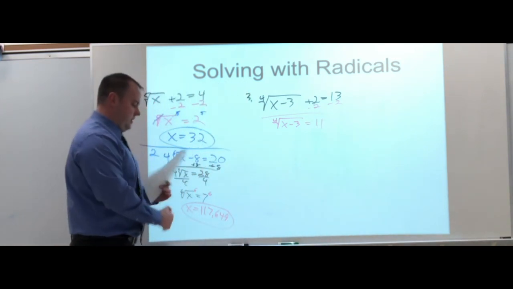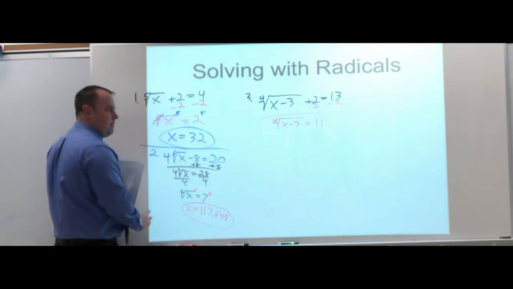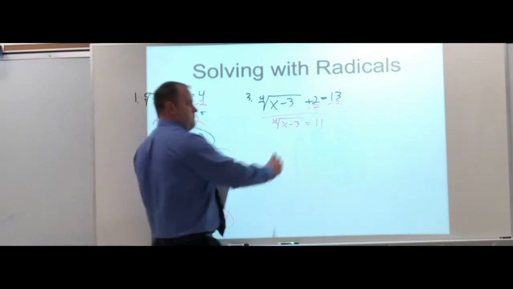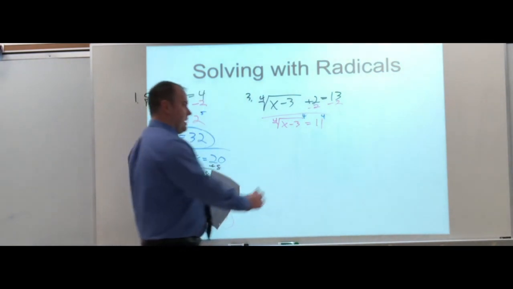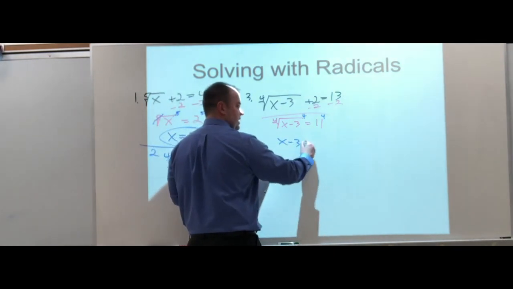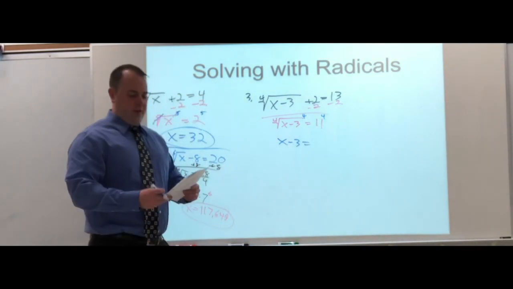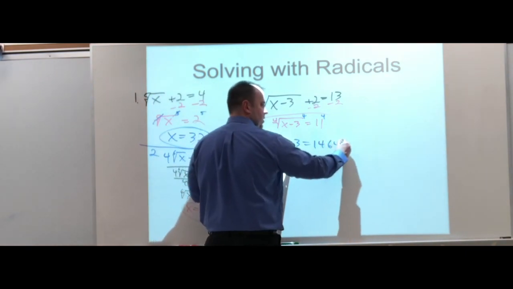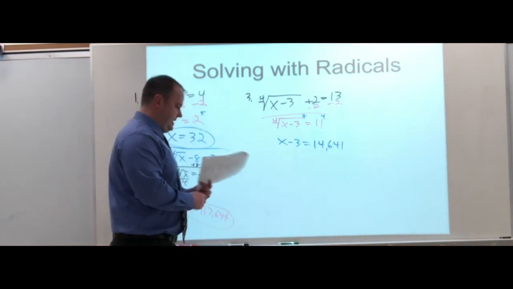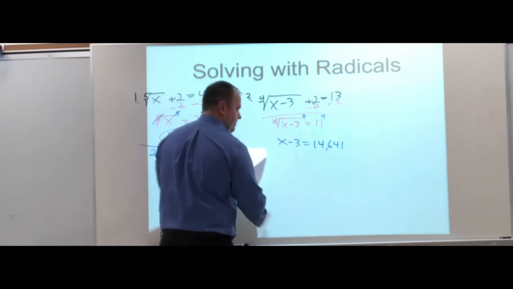And now, again, you can't do anything until you get rid of everything else. I'm going to take the 4th power to both sides. Okay? So that cancels out the radical, so we're just having x minus 3 equals, again, 11 to the 4th, a fairly large number, 14,641. And the last step there is to add that 3.